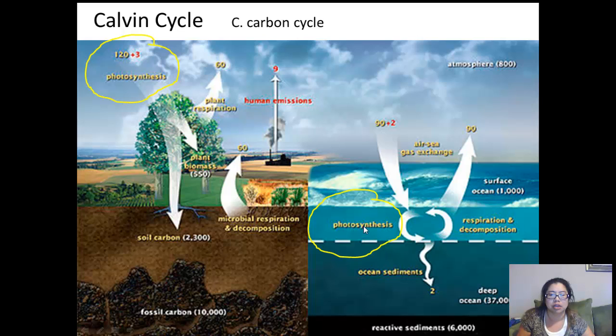But at the same time, there are things happening, like when things die, it puts in carbon dioxide. Microbial respiration and decomposition that happen in the sea and the ground create more carbon dioxide. And of course, last but not least, is ourselves as humans. We produce a lot of carbon dioxide waste.